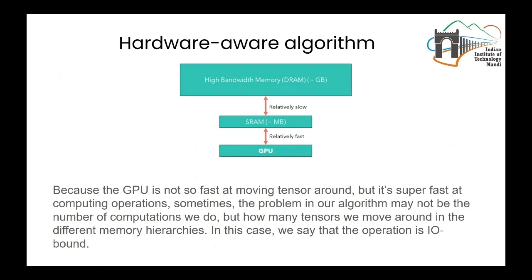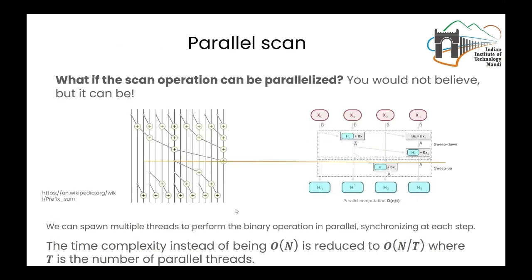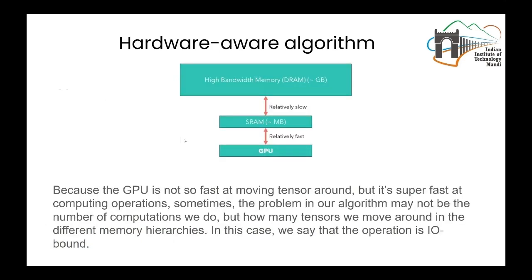So now let's make our SSM much more efficient, because it's still not on par with what we had before with parallel training. What we can do is exploit a weakness of the GPU. The way a GPU works is that it has two memories, DRAM and SRAM, and all the computation happens in SRAM, while DRAM you can think of like storage space.